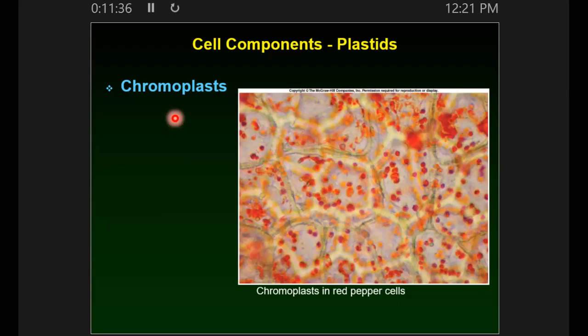I think we have available tomato, carrots, some different colored peppers, like bell peppers, the green, red, yellow, I can't remember what else. But you're going to see several different types. And the carotenoids can be various shades of red and orange and colors like that.